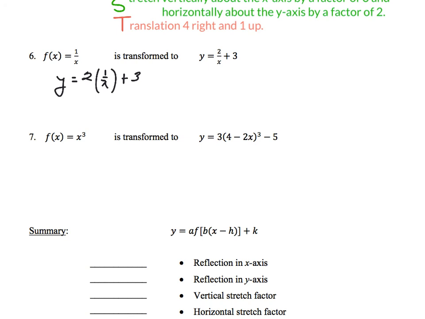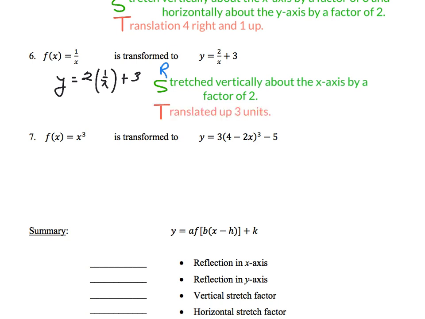There is no reflection for this function, but there is a stretch, and we could say it is stretched vertically by a factor of 2. And then it's translated vertically also, up 3 units.